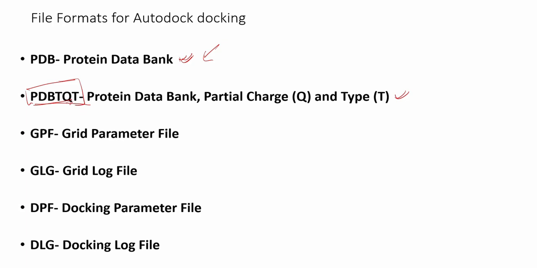After generating the grid, you will have some other files: grid map files, and also a file named the grid log file, where all the information about how you have generated the grid will be stored. Then you also need an input file for final docking, which will be the docking parameter file. All these files will be generated in the subsequent steps.